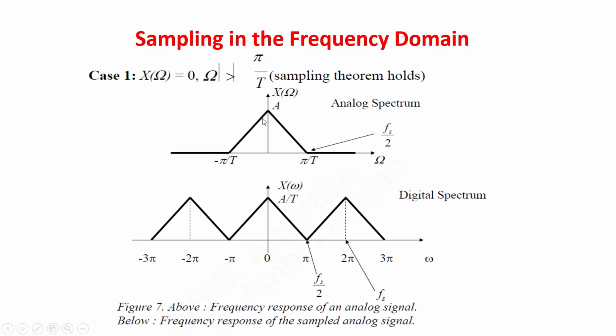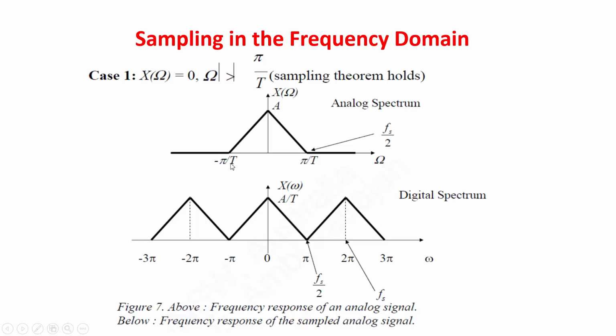Now, if this is the analog spectrum and you sample the signal, the spectrum will repeat. This small omega is the digital frequency, and this is the digital spectrum.